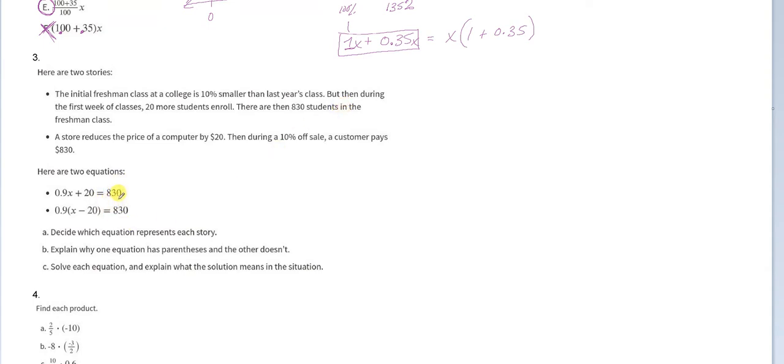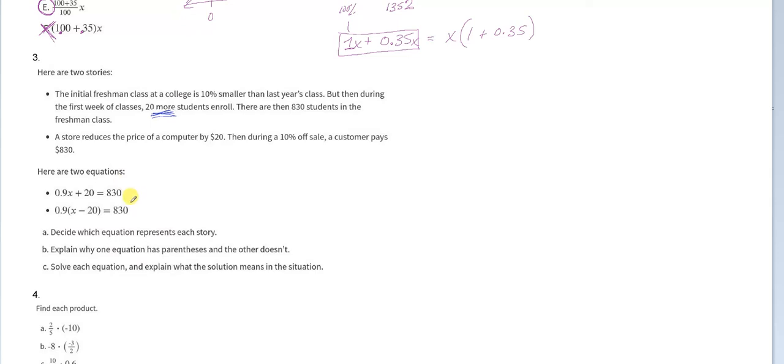We had 20 more students enroll, so I'm leaning toward the plus 20 just because of the "20 more" part that it mentions right here. So 0.9 times x would represent 90% of last year's class.